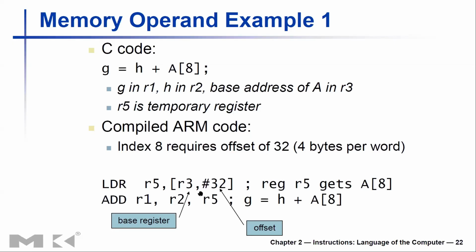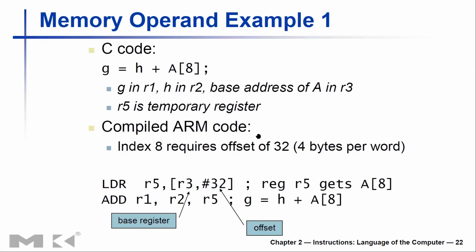Now the base address, we know that it is stored in R3, and the 8th element is stored 32 bytes far away from the base address. That is, for a single element, it takes 4 bytes.